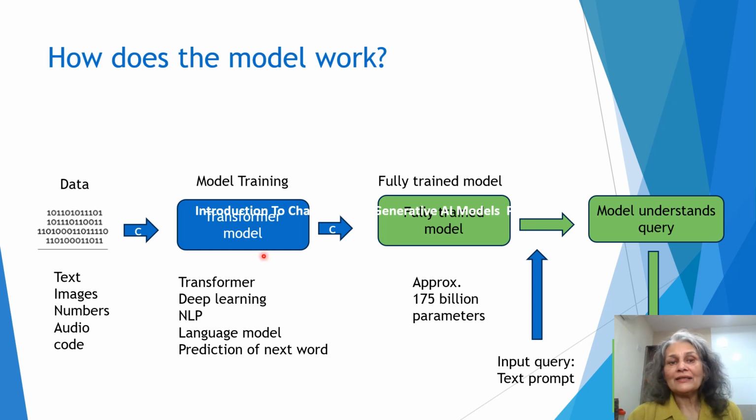Let's take a very simple example. For example, let's take a sentence such as "the cat sat on the". The model has to predict the next word. Now, given that it will have seen many times in its text corpus that "mat" is a possible option, it may actually predict mat as the next word.